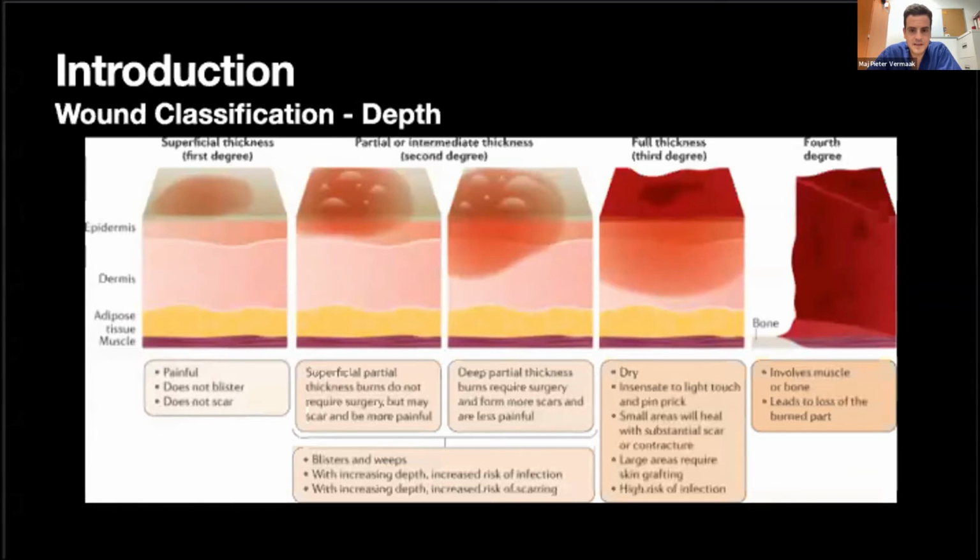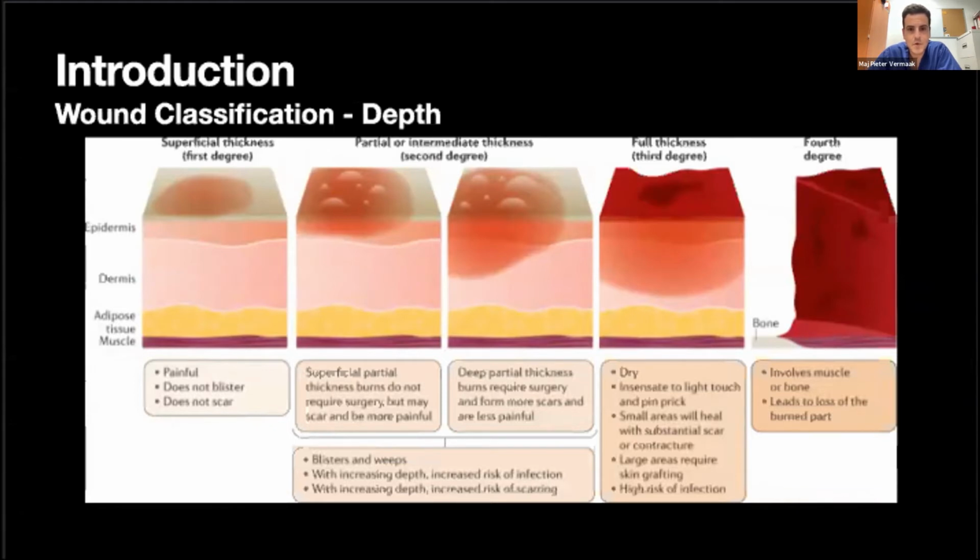Now, partial thickness is any wound that has gone through all of the epidermis and then any part of the dermis. And so that can be only the top layer of the dermis, which will be a superficial partial thickness injury, or most of the dermis would be deep partial thickness injury.